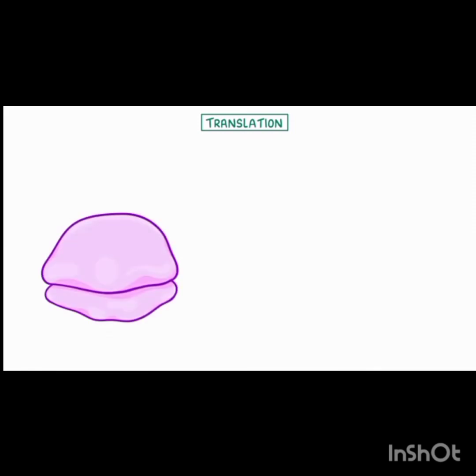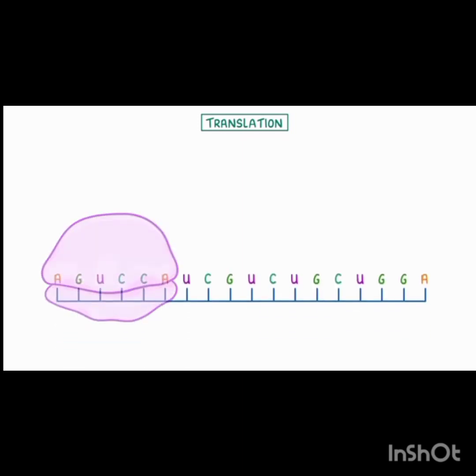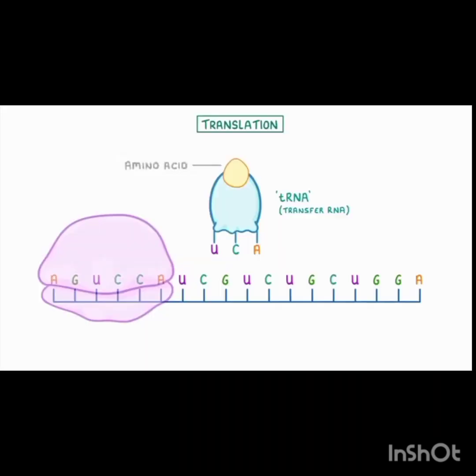After leaving the nucleus, the mRNA goes and attaches to one of the ribosomes in the cytoplasm. The ribosome and the mRNA bond together, and the ribosome starts reading the information on the mRNA, which instructs a transfer RNA to bring the amino acid with its anticodon.